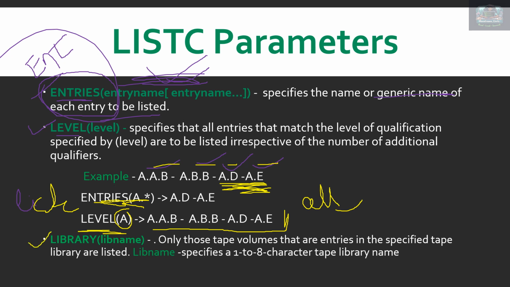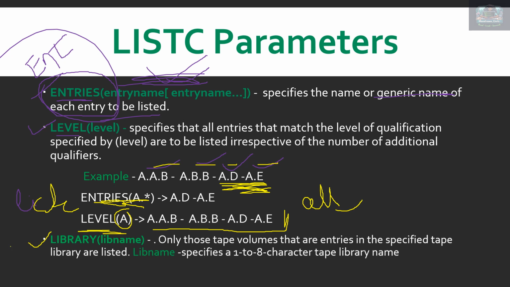Then next, it's LIBRARY. If you know what a library is, it's a tape library. Tapes will be there in a particular library, right? There will be a lot of tapes in each of the libraries.